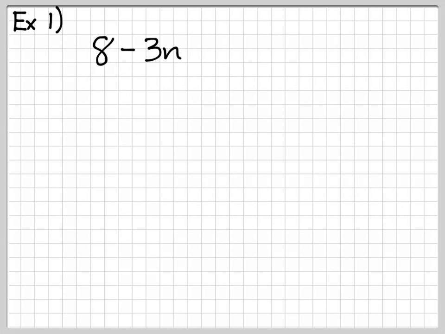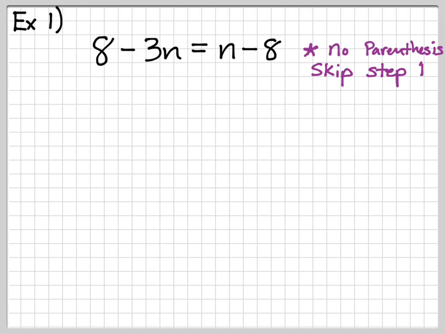Example number 1, 8 minus 3n equals n minus 8. Okay, you'll notice no parentheses, so I can skip distributing, step 1. I'm going to draw this imaginary line through my equation because I really think this helps when it comes to the combining like terms portion.